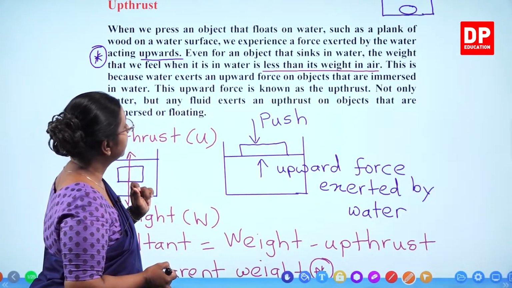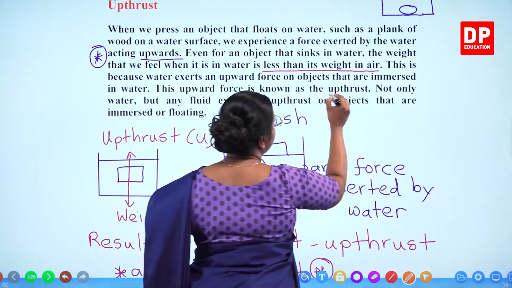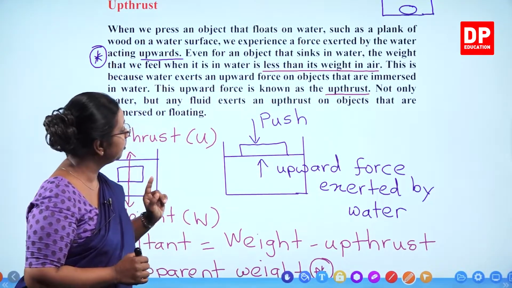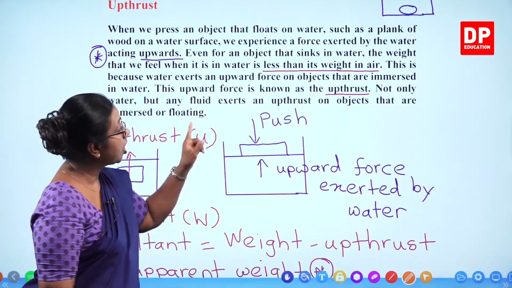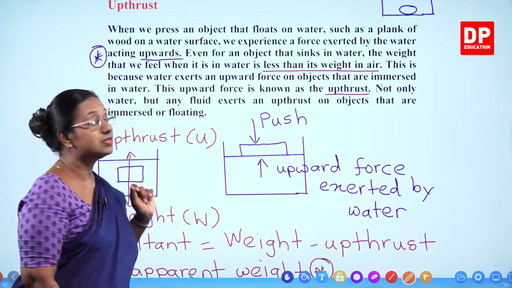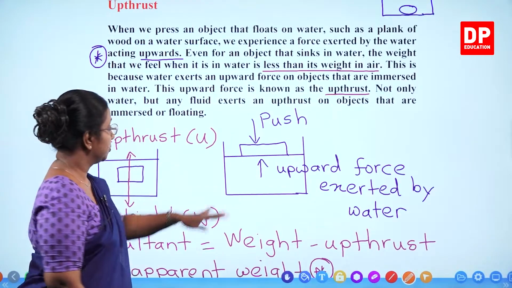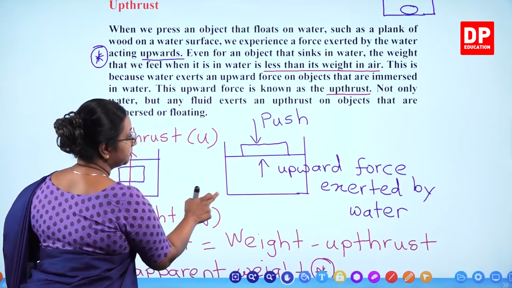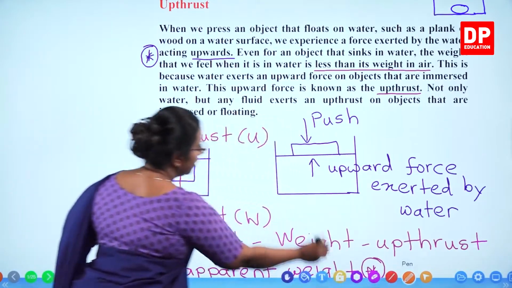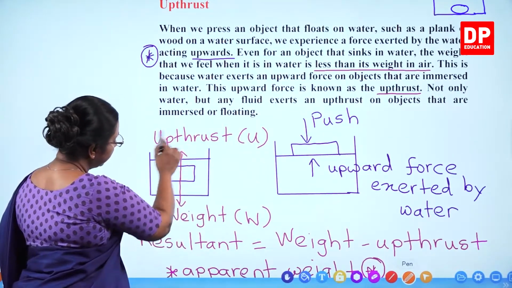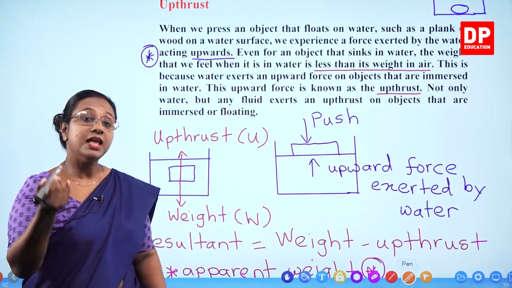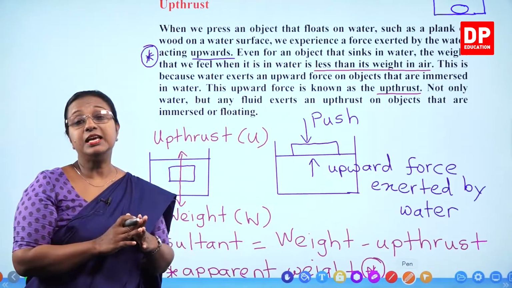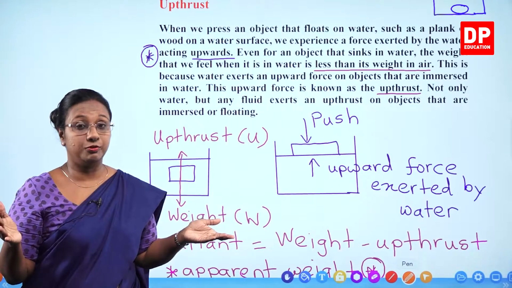So this upward force is known as upthrust. Not only water, but any fluid exerts an upthrust on objects that are immersed or floating. So here it is a floating object. Here the object is immersed. Then you can have an instance where the object is sinking in water or any fluid.